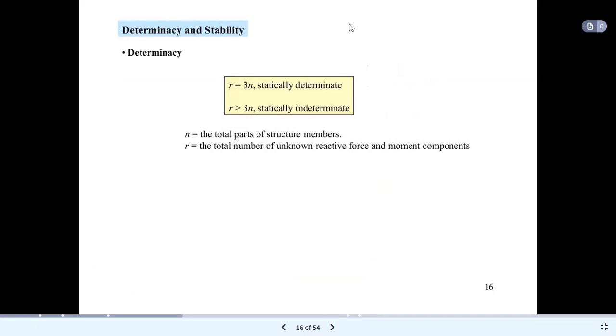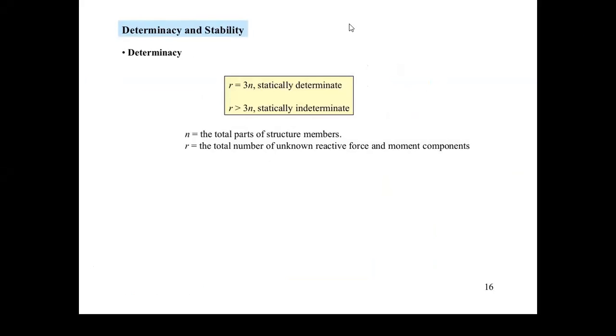Next is determinacy and stability that I am talking about. That is determinacy, right? We have to see the stability of the structure, so we have to use a relation, that is R is equal to 3N.